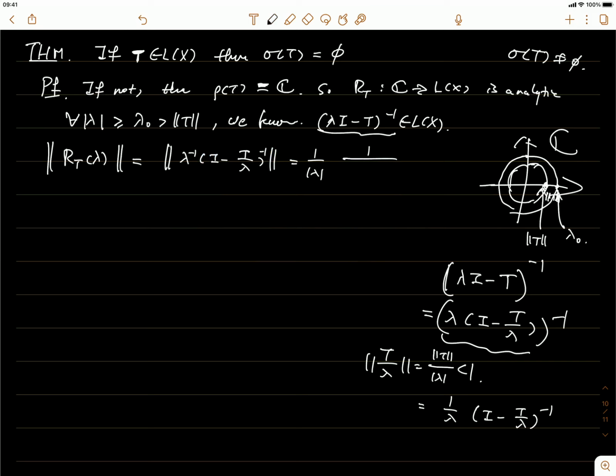Now I can put lambda together in the denominator, which gives the modulus of lambda minus the norm of T, with 1 in the numerator. Because lambda is bigger than lambda naught, this is less than or equal to 1 over lambda naught minus the norm of T. But this denominator is a positive fixed number, so this is a finite number.